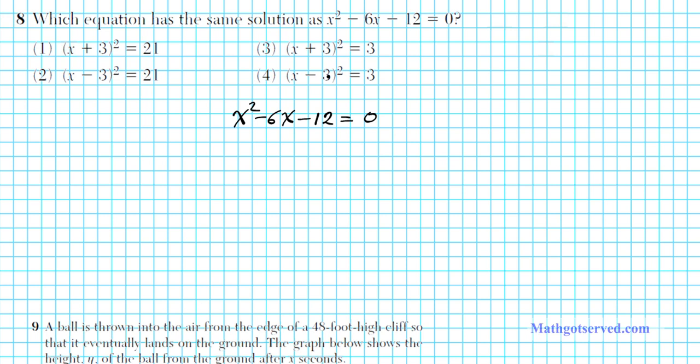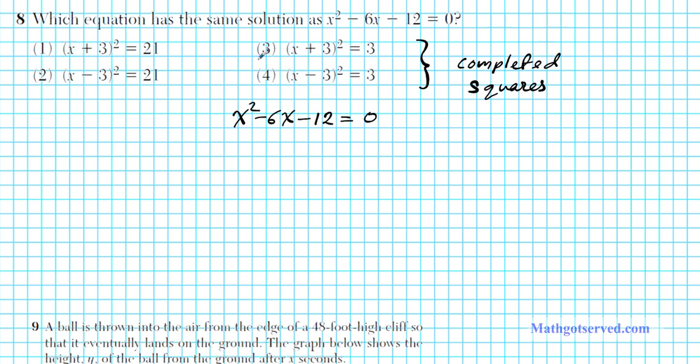So all we are doing here is transforming this equation into this form right here. These forms are completed squares. How do I know they're completed squares? Because you can clearly see that every quantity is squared.